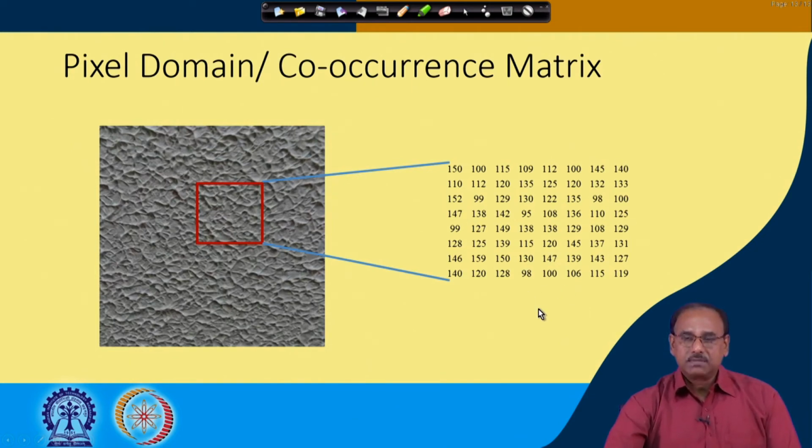So, given this matrix, I have to extract the texture features, where the texture is nothing but variation of intensity values in a regular or semi-regular manner.